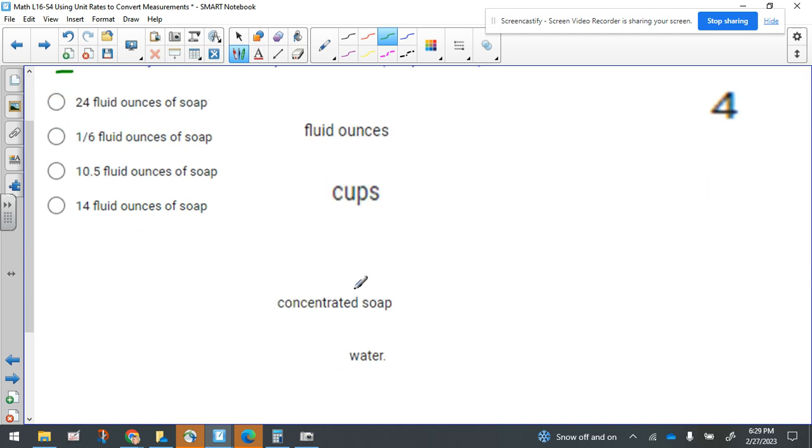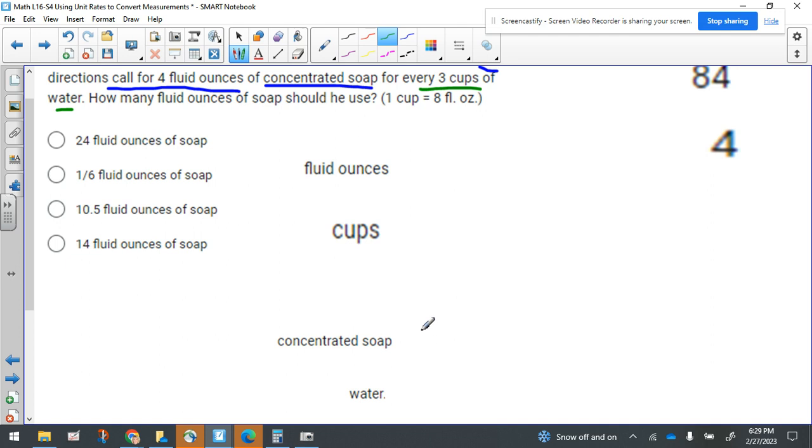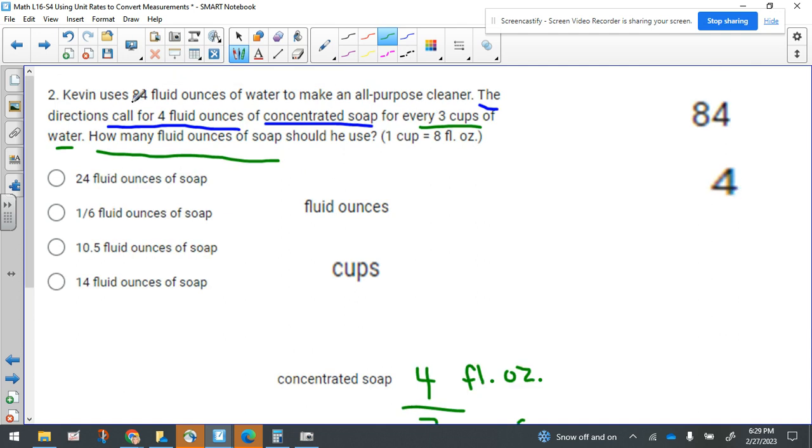So the concentrated soap to water ratio is 4 fluid ounces for every 3 cups of water. And they want to know how many fluid ounces of soap we should use, right? If we're talking about this conversion, we need to deal with this 84 fluid ounces of water.